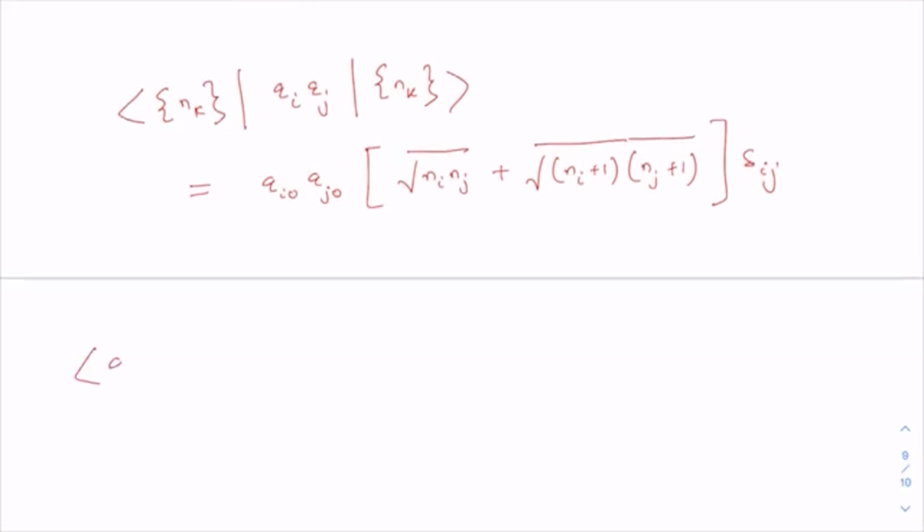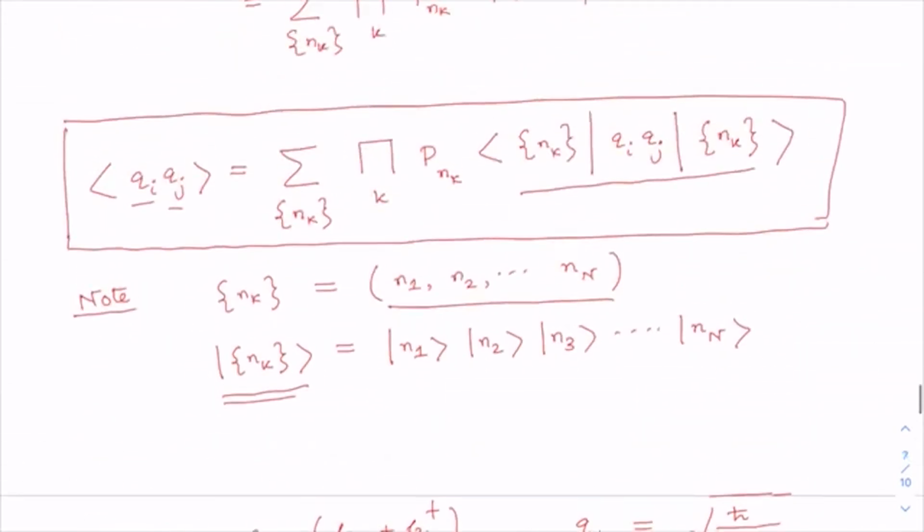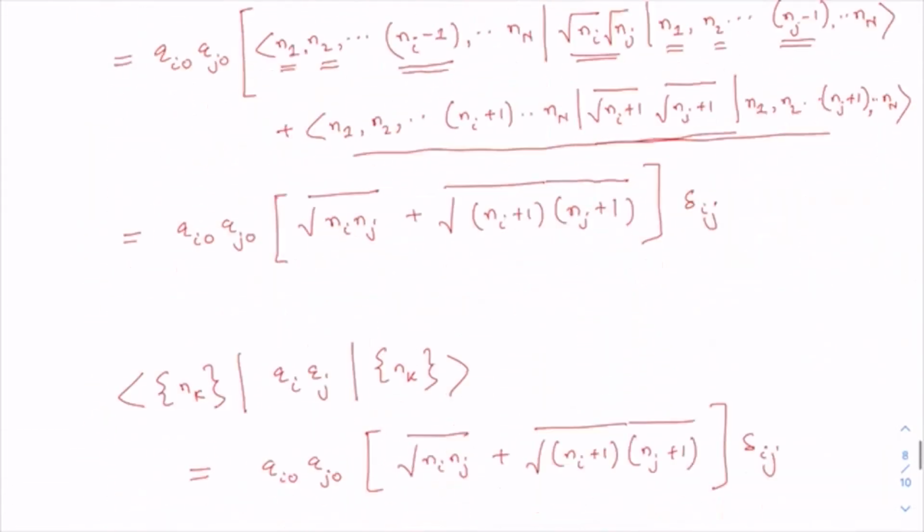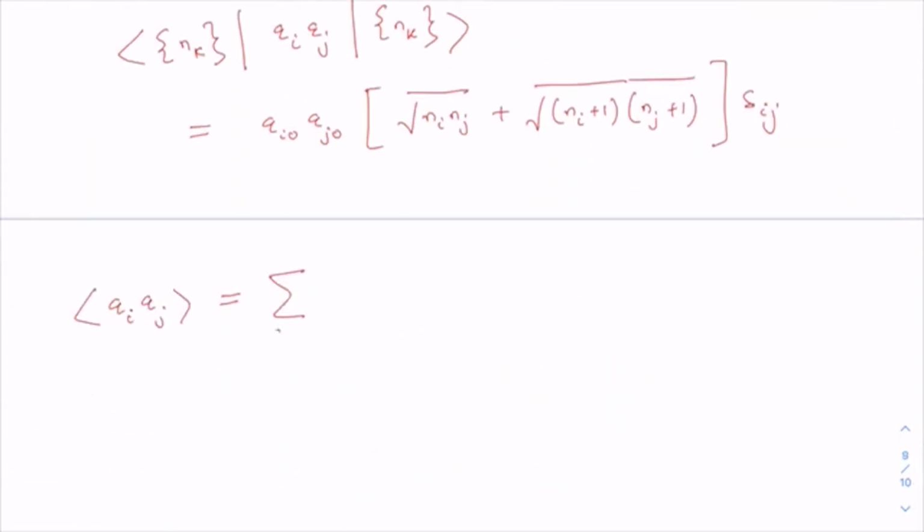Ultimately we have to work out the expectation value of the product of these two operators, and this is equal to a summation. Let me show you the expression once again here. We have a summation over all these nk, and the product of p and k, then qi0 qj0, which we already worked out.